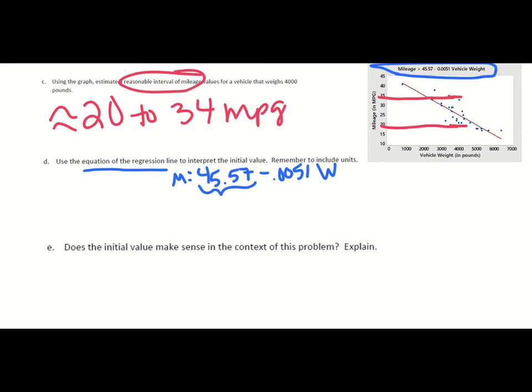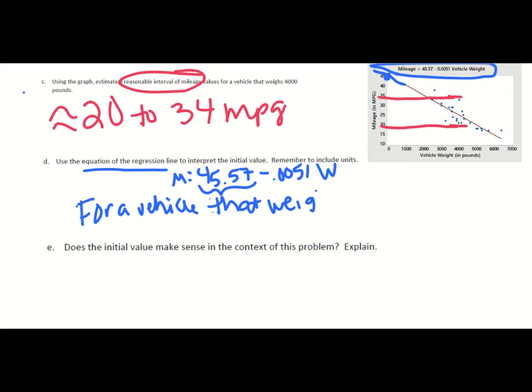Okay, so when they ask you to interpret it, basically that means, for an initial value, and you don't have it on here because the graph doesn't go all the way, you're looking for interpreting what that y-intercept means.